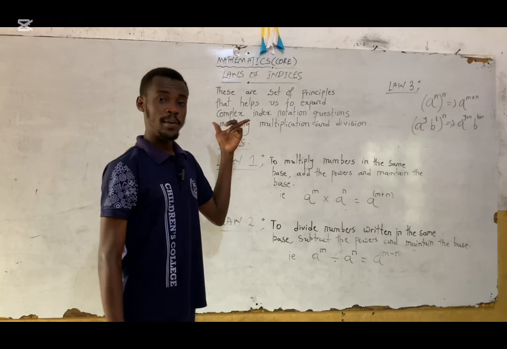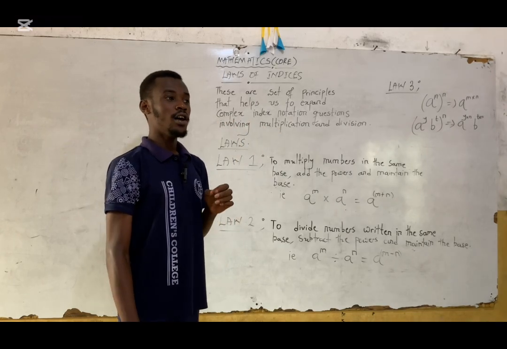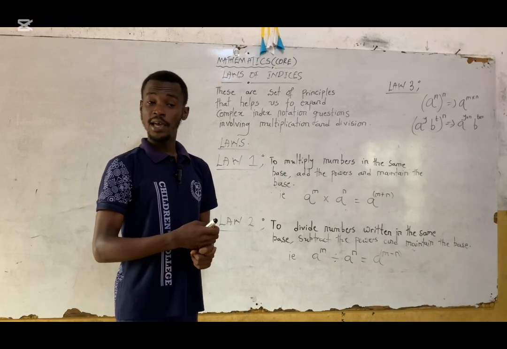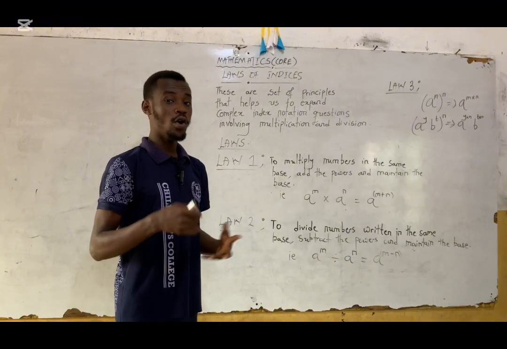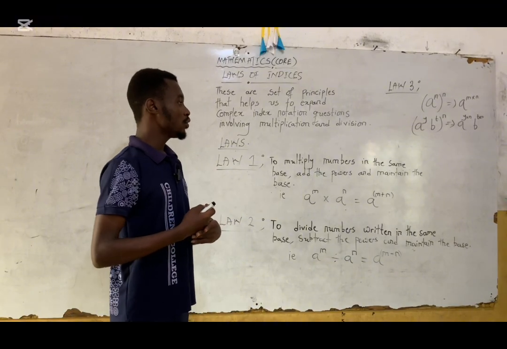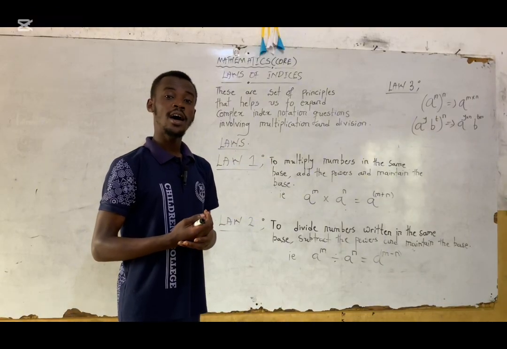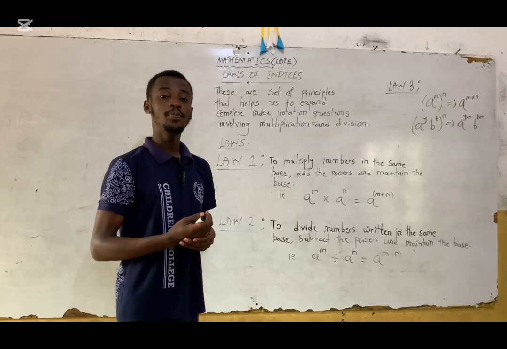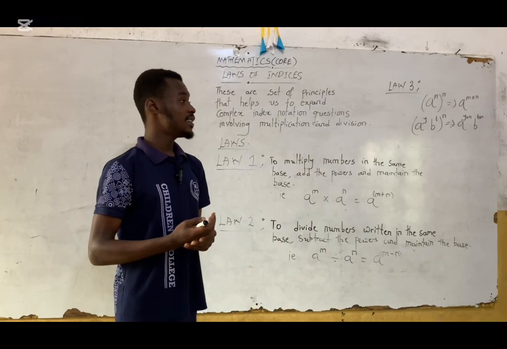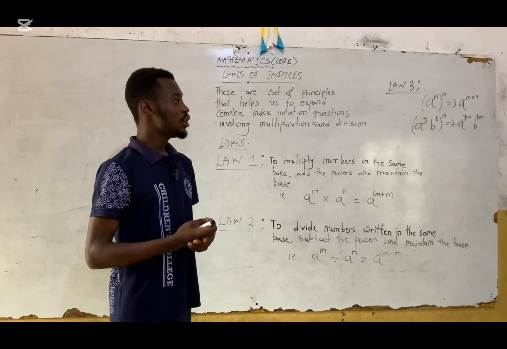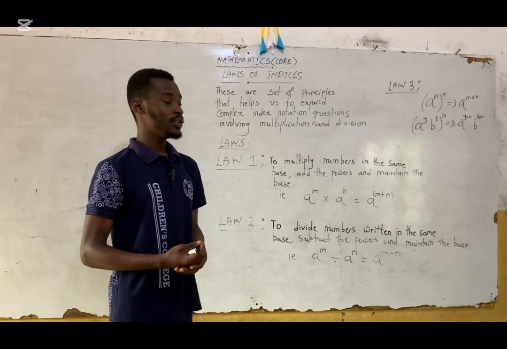We will be given complex index notations. It being complex means you are going to be having either multiplication or division or a combination. So these properties, rules or principles are the ones that are supposed to help you find the answers during any complex index notation questions.